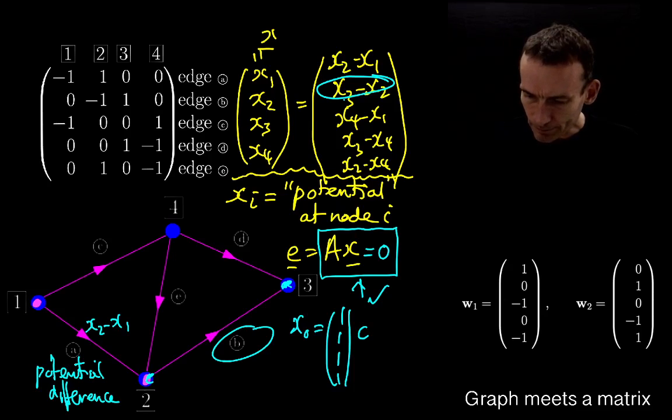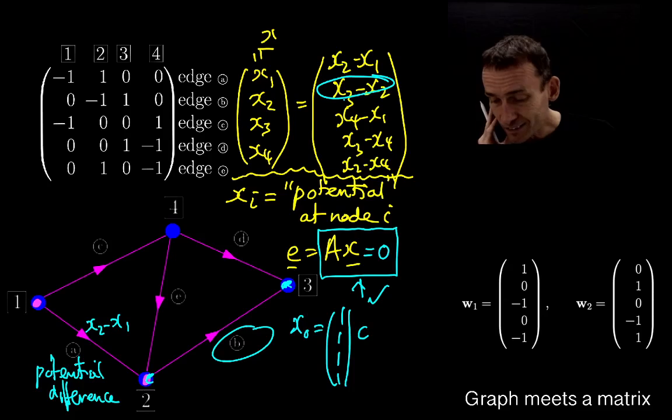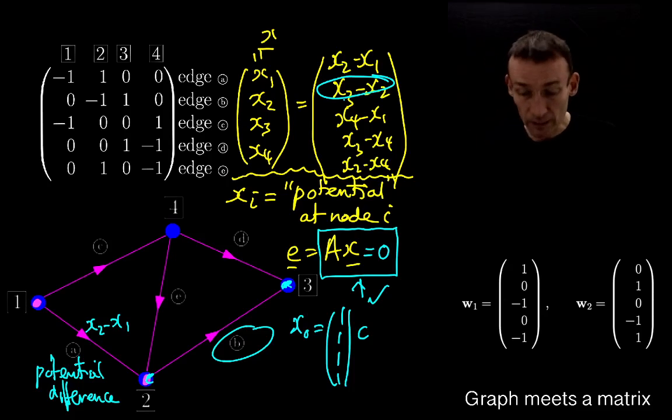Well, let me see. Well, node 1 and 3 have 2 edges coming out of them. Maybe that's important. But then again, 2 and 4 have 3 edges coming out of them. So maybe how many edges are coming out? Where else do I see 2? Well, there's 4 nodes, there's 5 edges.